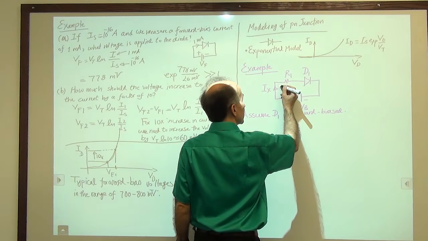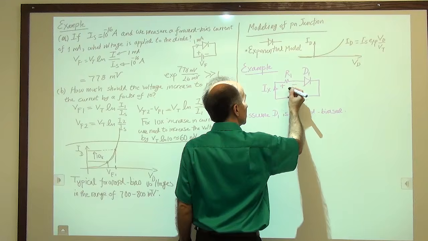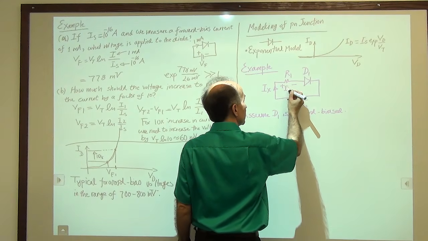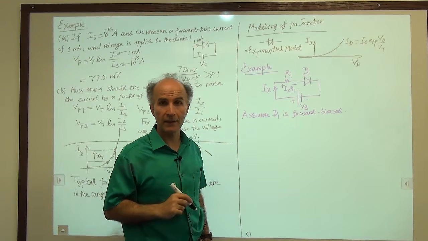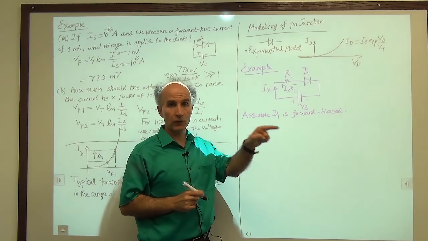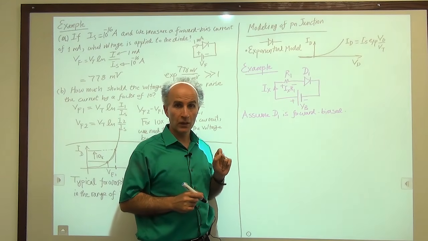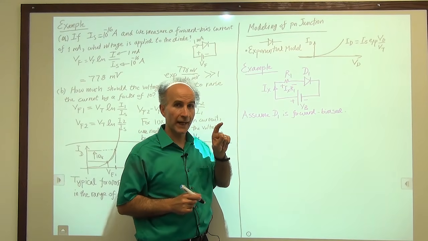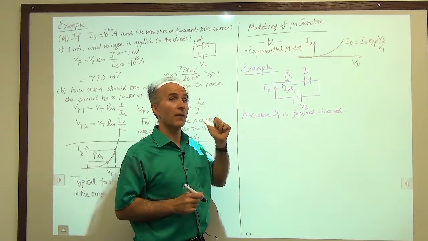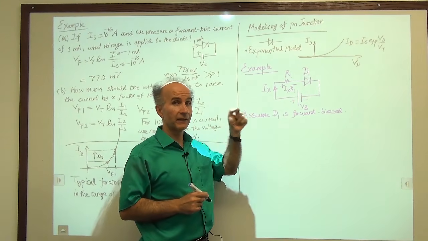So there will be a voltage from here to here equal to Ix times R1. That's what Ohm tells us. It says if you push a current from left to right, we generate a voltage equal to that current times that resistor, and that voltage has its positive end on the left and its negative end on the right.